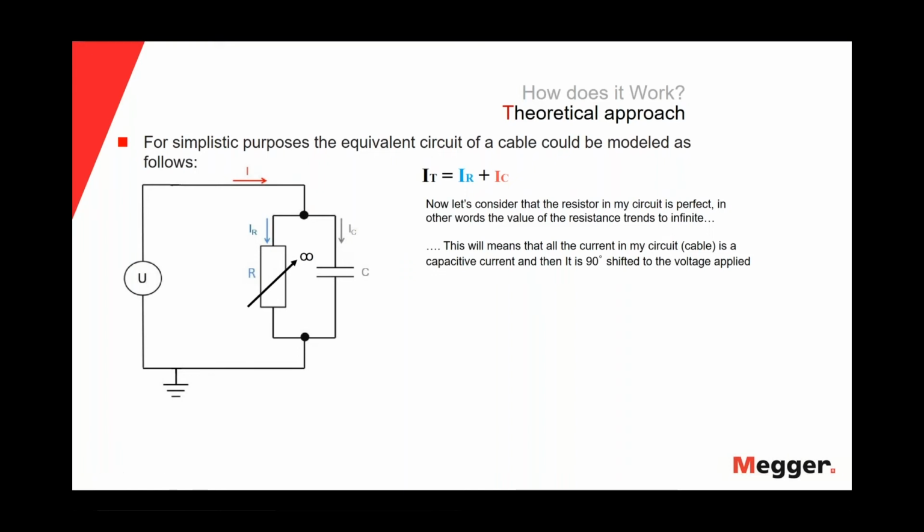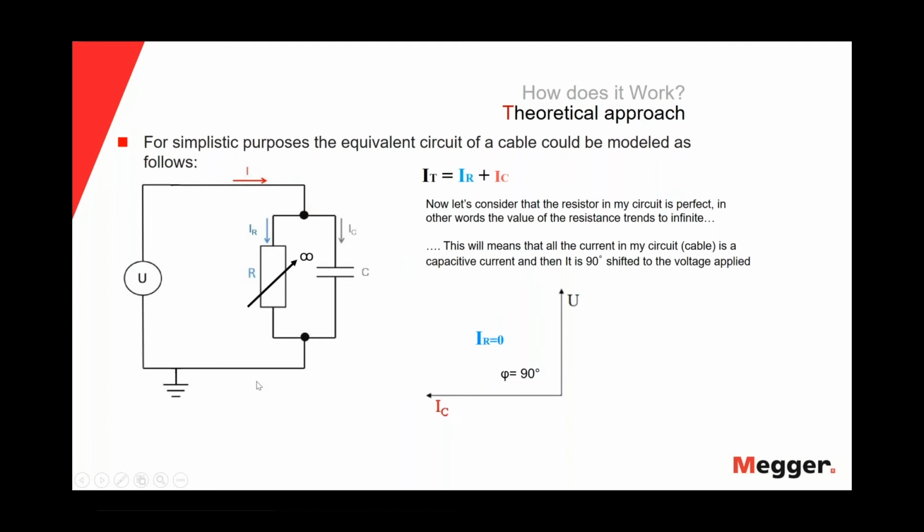This will mean that all the current in my circuit or in my cable is a capacitive current, and then it is 90 degrees shifted to the voltage applied. That means that if we have a graph of the voltage versus current, we will have the voltage, the current, and an angle of 90 degrees. This indicates that the resistive current is equal to 0.